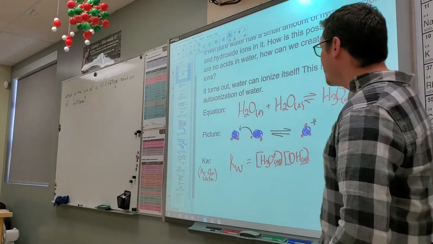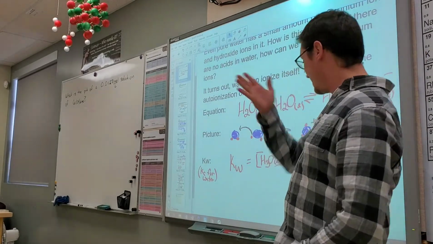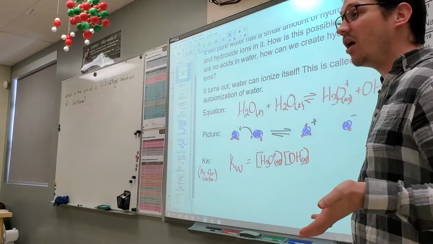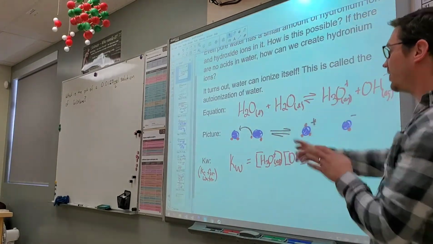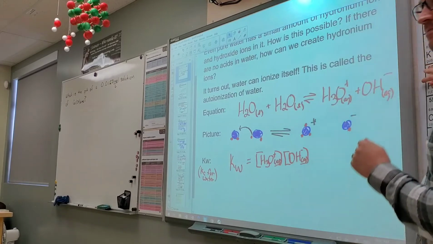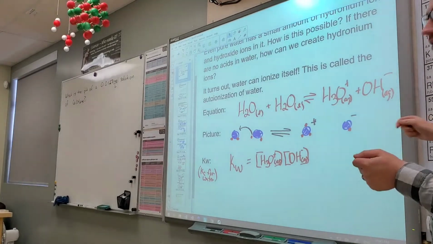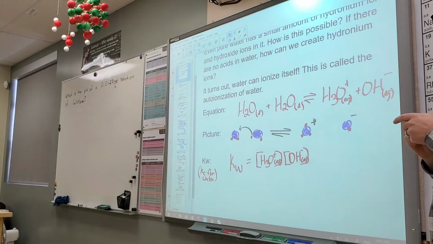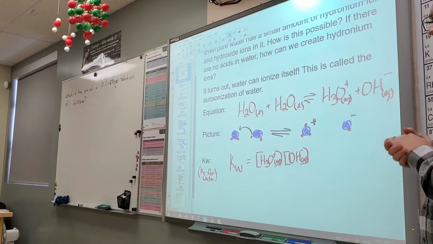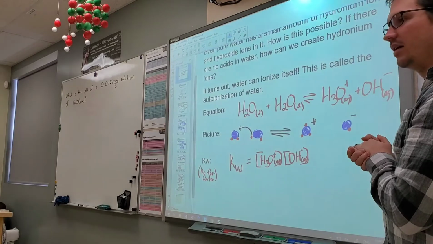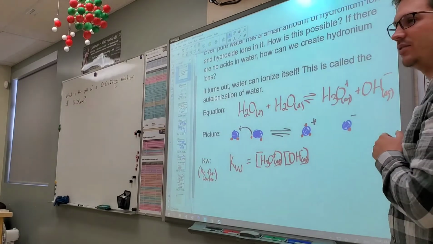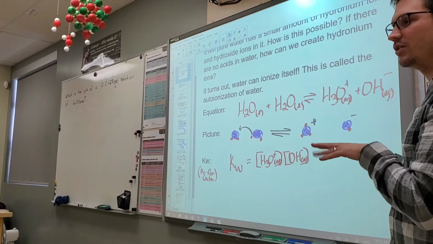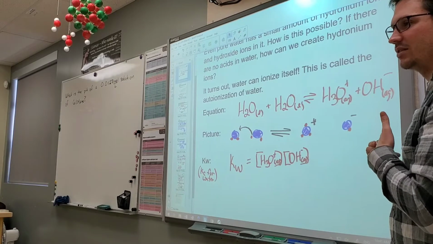Okay. Now, this reaction has a K value. It's got an equilibrium constant. When I take a look at this reaction, what would be the K value? If you were to look at this reaction, could you figure out the equilibrium constant expression for it? Is this homogeneous or heterogeneous? It's heterogeneous. So what do we ignore in a heterogeneous reaction?